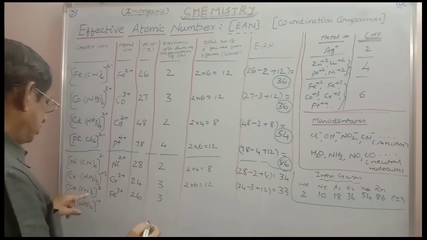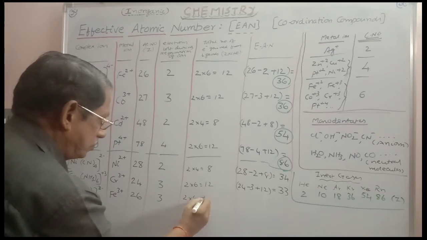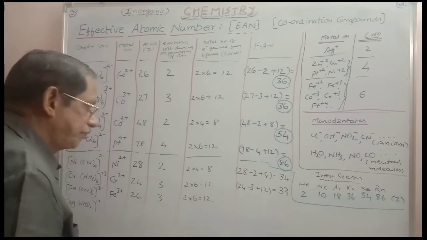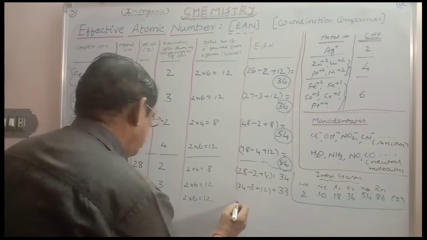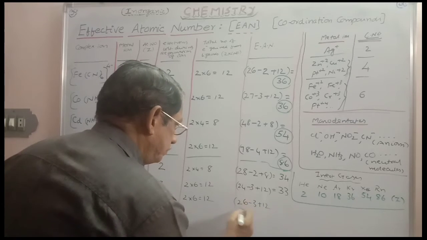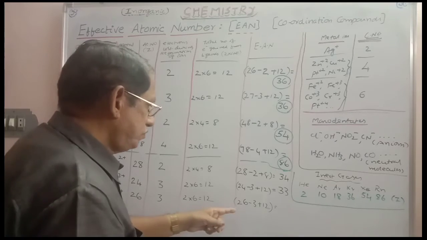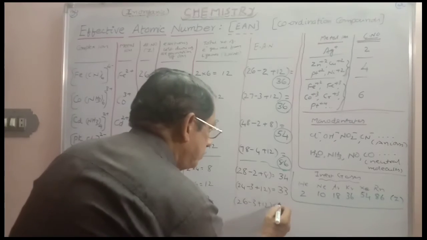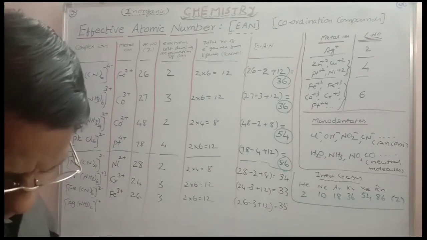So here, what is the coordination number? 6. So this is equal to 2 into 6 is equal to 12, right? And here, what is the effective atomic number? 26 minus 3 plus 12. What is it? 23 plus 12, 35? Not at all reached.